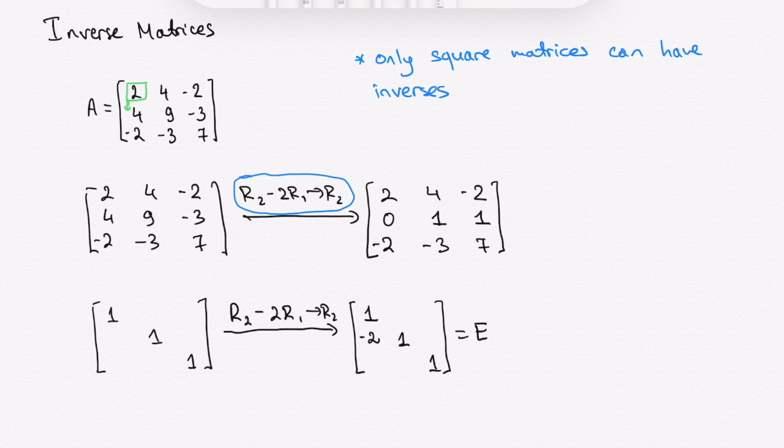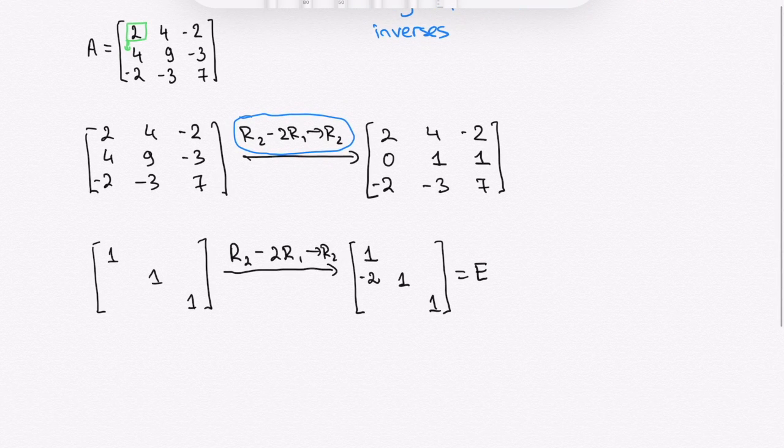What this means is that the old matrix, so how can I represent this operation as matrix multiplication with this matrix E?